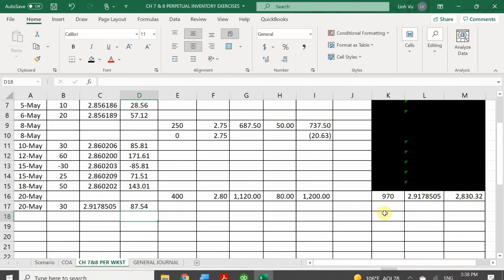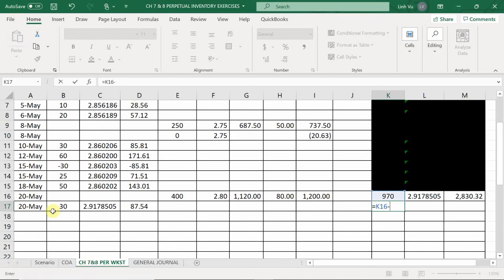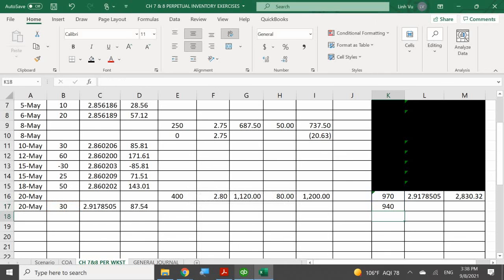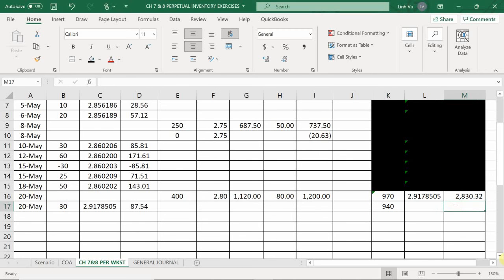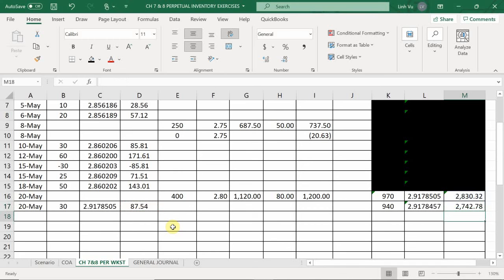Once again, let's update our inventory since we no longer have 970, since we sold 30 of them. We should now have 940. If we take the $2,830.32 and we sold $87.54, how much should we have in grand total? $2,742.78.